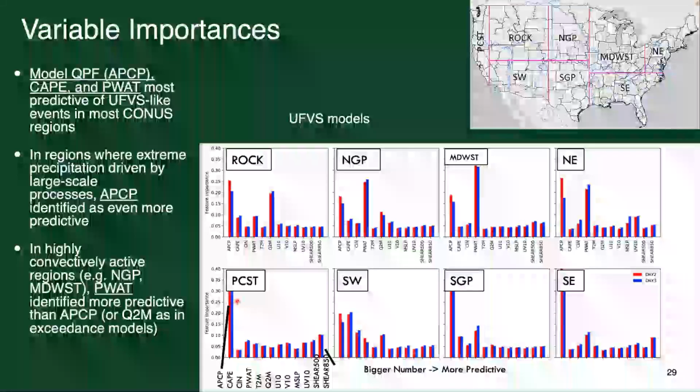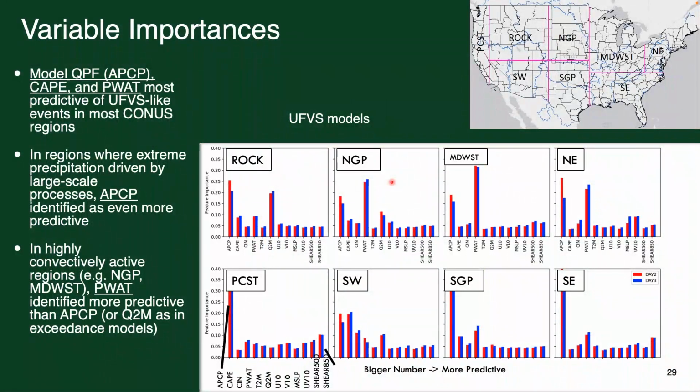But if you look across the Great Plains, Northern Great Plains or Southern Great Plains, you start to see precipitable water get more emphasis in the models. Again, highlighting maybe these convectively active regions are more dependent on the availability of moisture, but maybe areas that are driven by large-scale precipitation and large-scale dynamics are a little bit more focused on what the model is predicting.